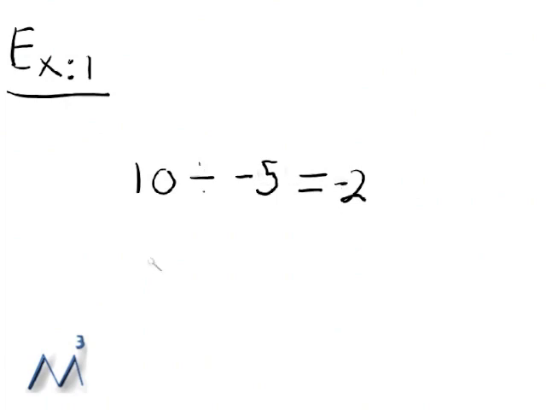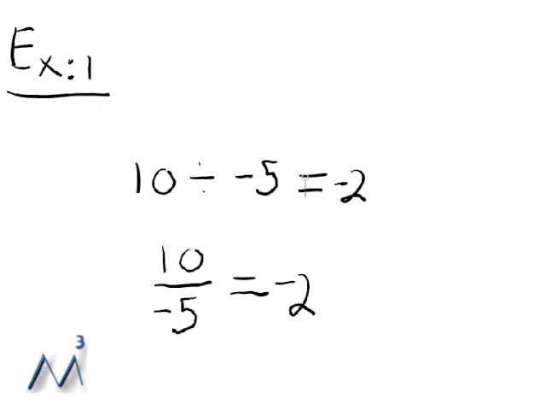You could also write this in horizontal form, or vertical form, having the 10 on top and negative 5 on the bottom. Do the regular division first, so this would be 2. Since this is positive and that's negative, you get a negative. So you have a negative 2 here.